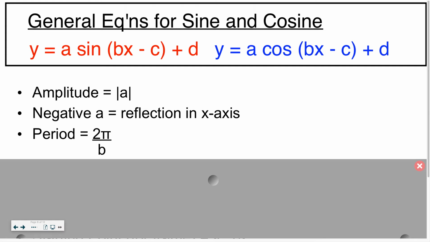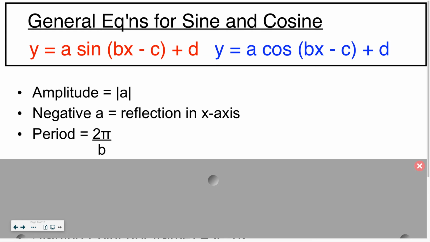So that would be your B value, the thing that's getting multiplied by the x inside the function. Okay, notice bx and bx. The parent graph, if you look back at your little graphs, they have periods of 2 pi. So that's where we're getting this 2 pi from. That's from the parent graph.